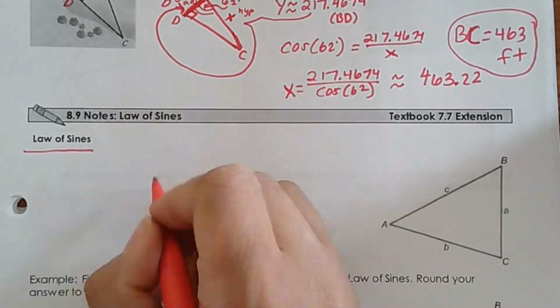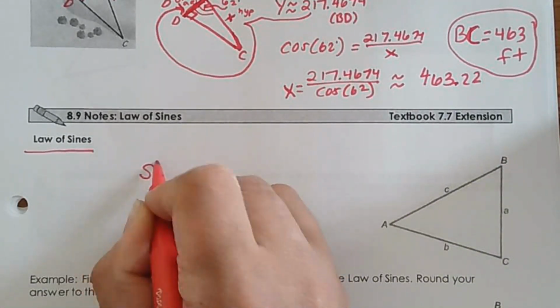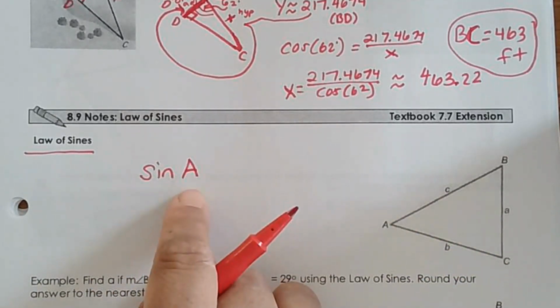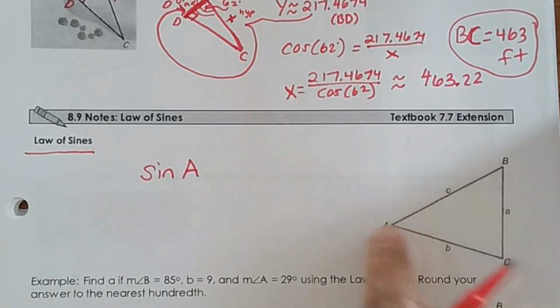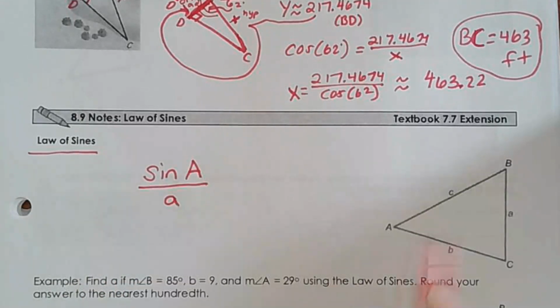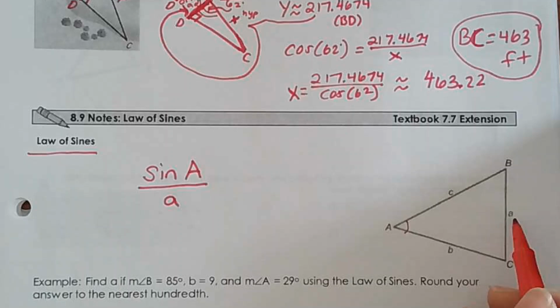So this is what law of sines looks like. It says sine of a capital A, or whatever angle measure your triangle might have. In our case, we're using A, B, and C, and it divides it by the side across from angle A. Notice there's a lowercase a sitting right across from it.